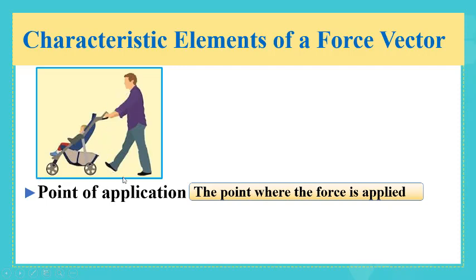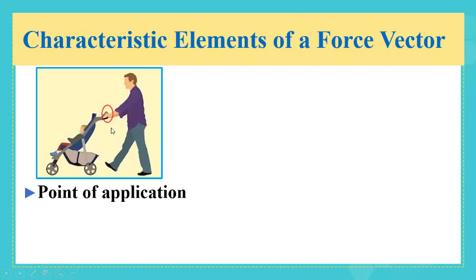Where is this father pushing the stroller? At which point? At this point here, where he put his hands. This is the point of application of a force vector. At this point, we should start drawing the vector.